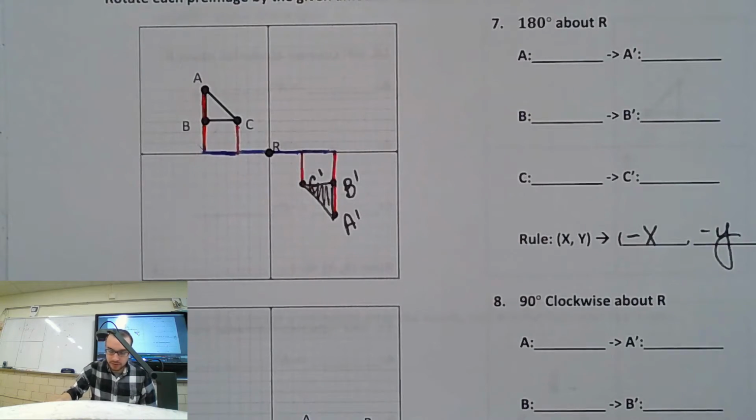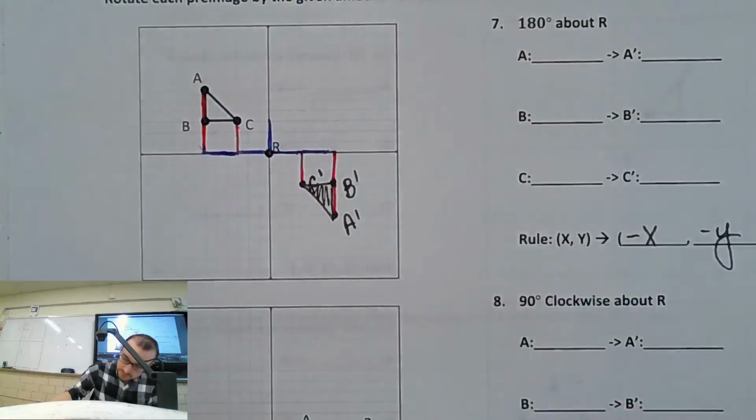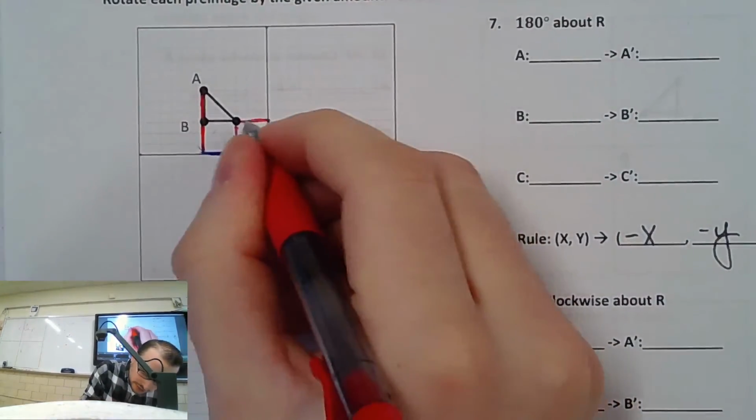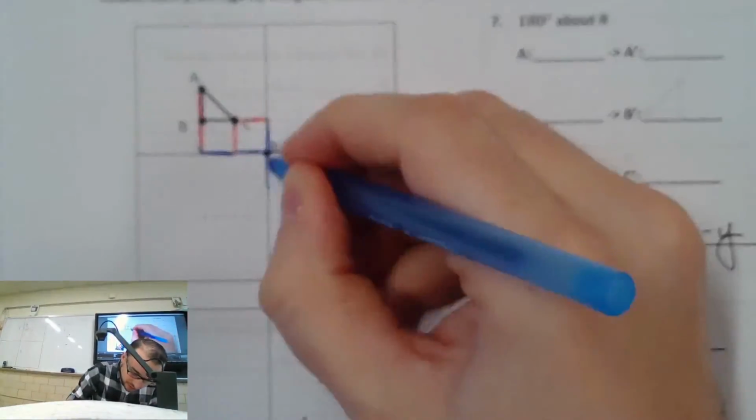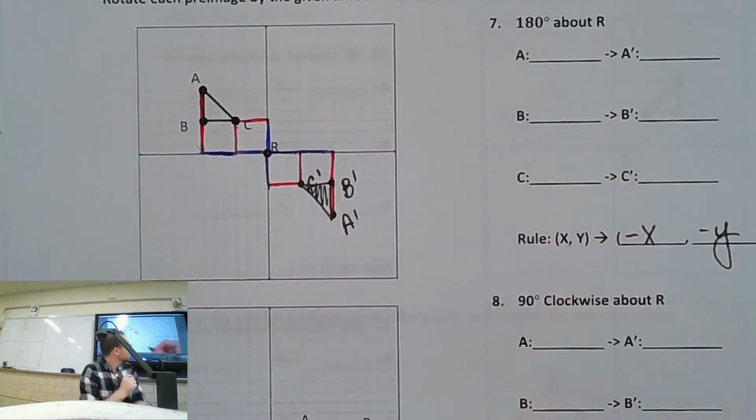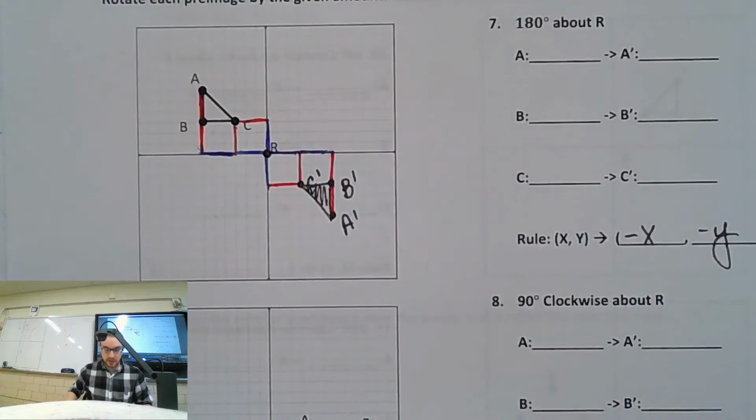If you drew an L like this to get to C, that L would end up down here like this. Same spot, okay?